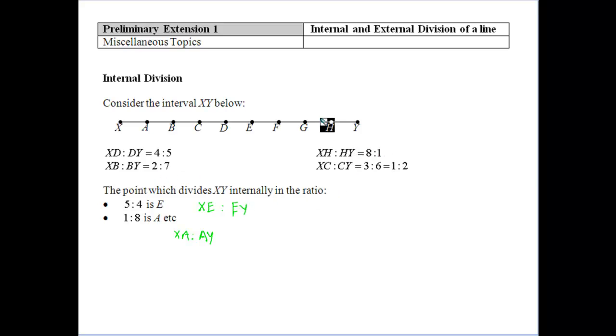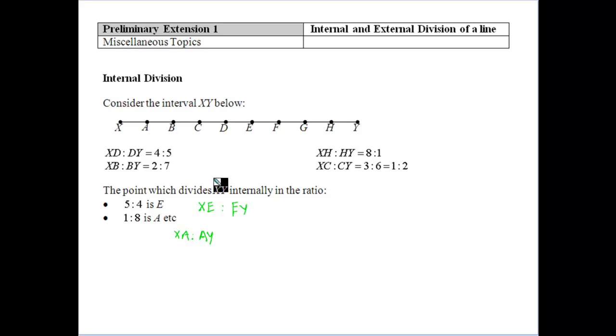H would divide XY in the ratio of 8 to 1, so there's 1 there and 8 to X there. XC to CY would be 3 to 6, which we can simplify to a ratio of 1 to 2. Looking at the ratio of 5 to 4, point E divides the interval in a ratio of 5 to 4, XE to EY, and 1 to 8 is A, and so on.